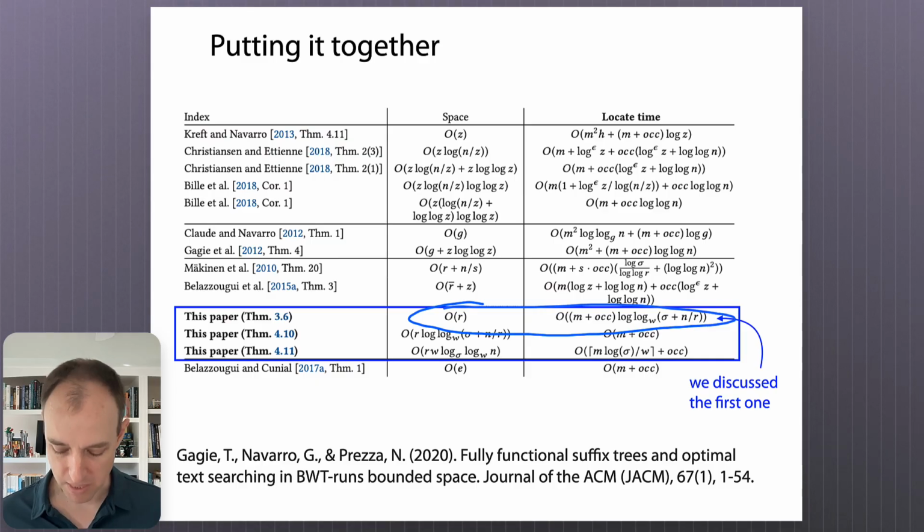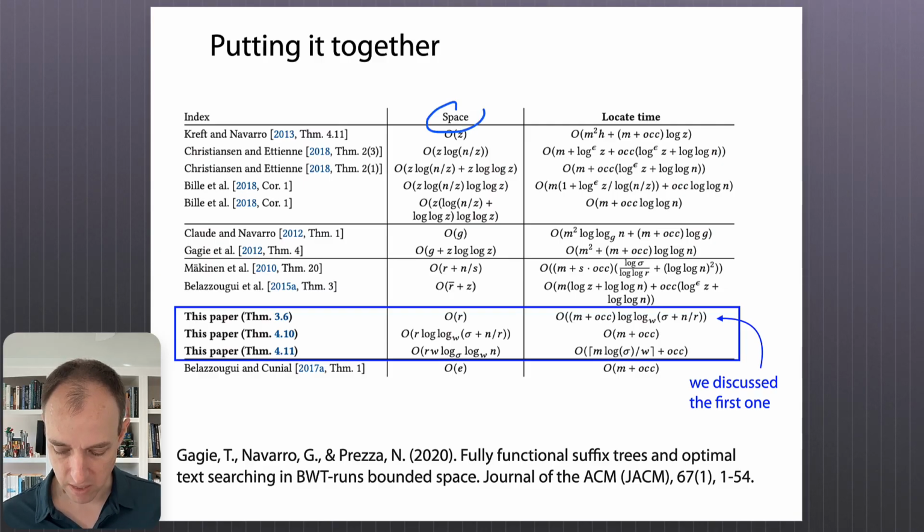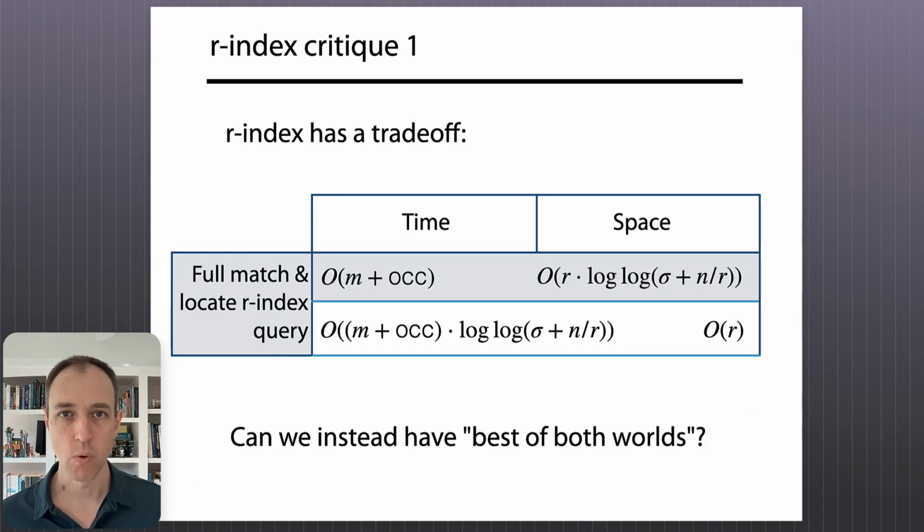So that's the one that we discussed. There are other rows here. You'll see that they provide other trade-offs. But none of these trade-offs are what you might call best of both worlds with respect to space and time. And that's really the first motivation for this move structure data structure.